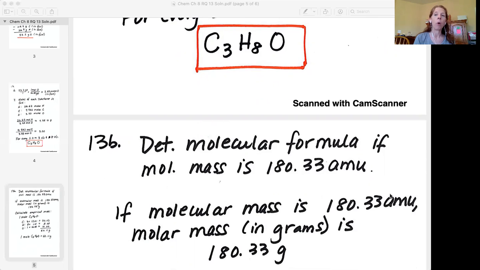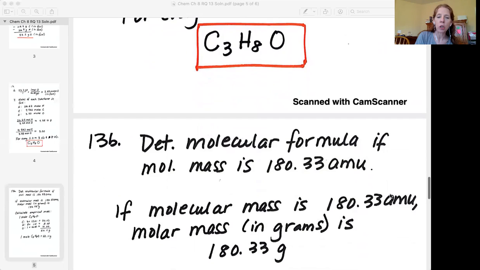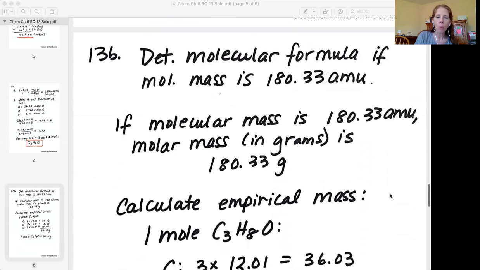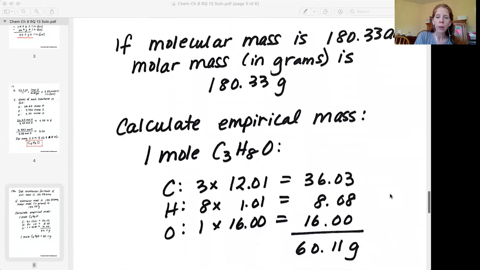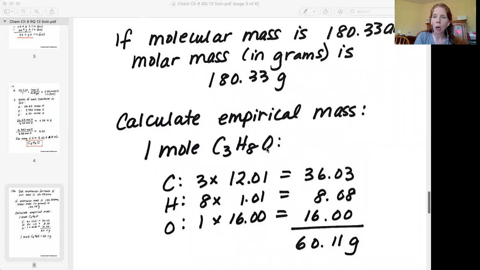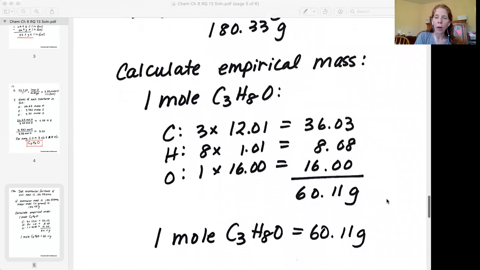So if I take my molar mass and compare it to my empirical mass, what I'm going to get is some ratio. First I've got to figure out the mass of my empirical formula, C3H8O. If I do the calculations, 3 times 12, 8 times 1, 1 times 16, I have an empirical mass of 60.11 grams.